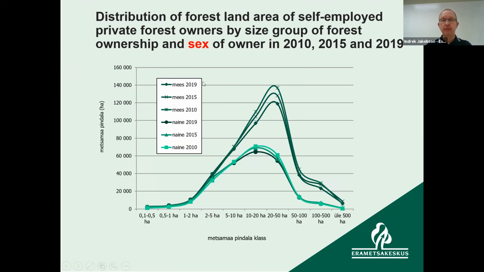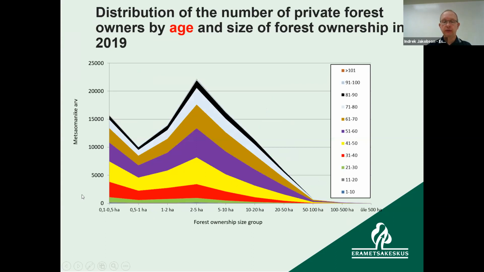The upper 3 are men, and the lower 3 are female forest owners. And here you see area of forest land from 0.1 up to more than 500 hectares. And it's a class of forest.